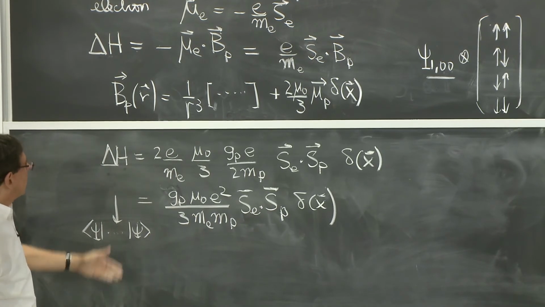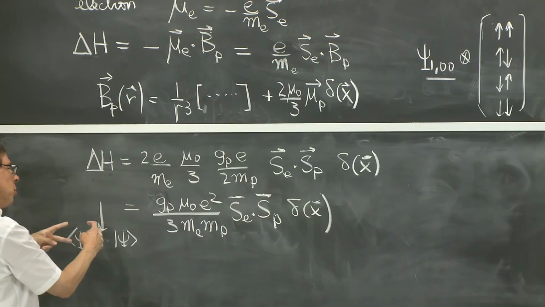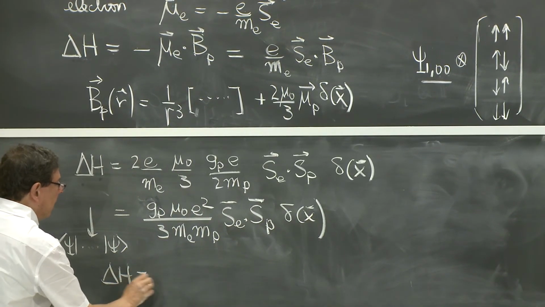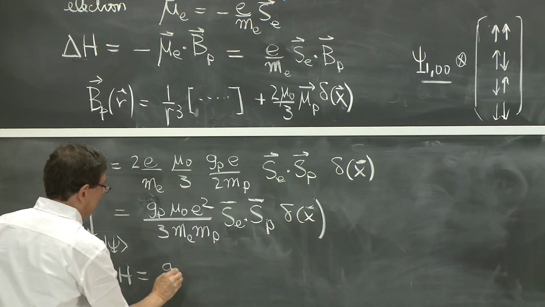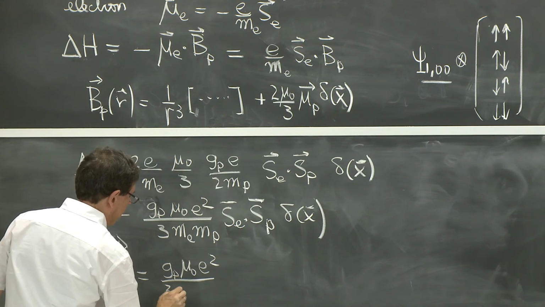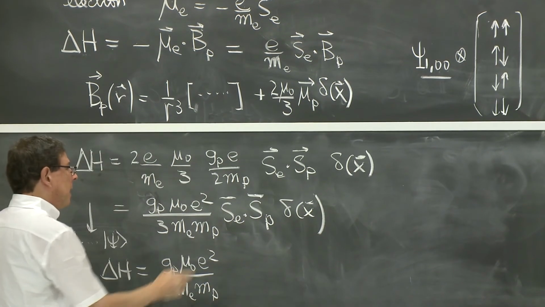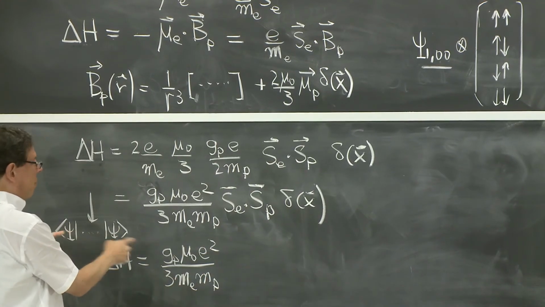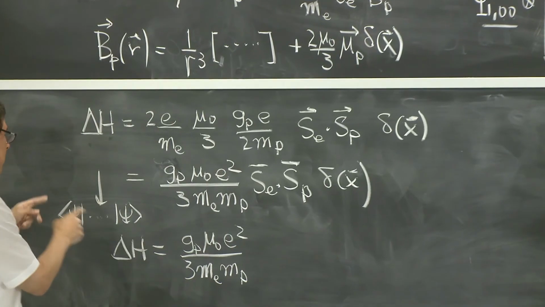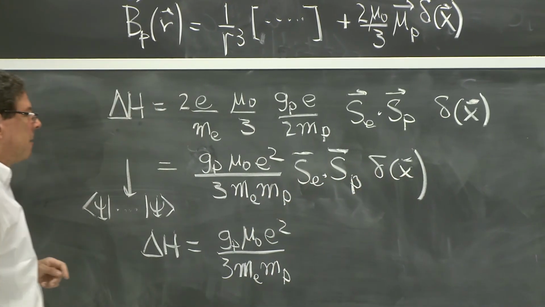And we'll still call the result delta H. Maybe it should be called a little differently because we're doing something to it, but let's just call it delta H. At this moment it will be gp mu 0 e squared over 3 me mp, and the wave function comes with psi star psi, integrated over space.